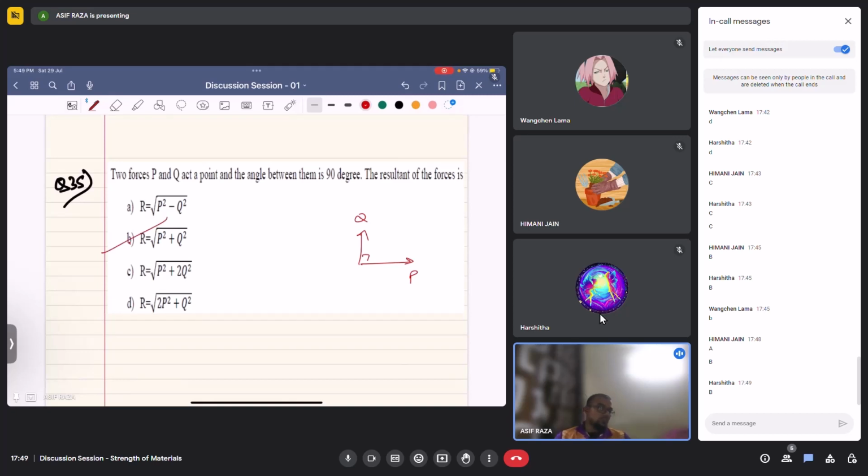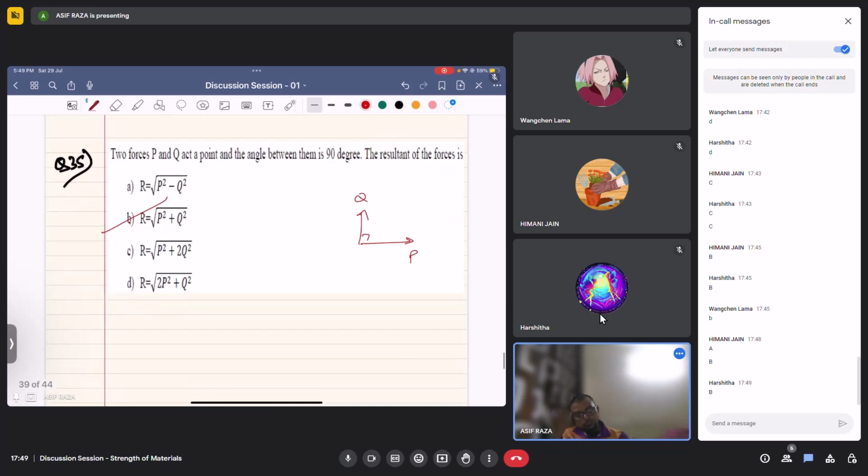Even if you use the parallelogram theorem, it would be R square equals P square plus Q square plus 2PQ cos theta, and cos 90 is equal to 0. So finally R square would be equal to P square plus Q square.